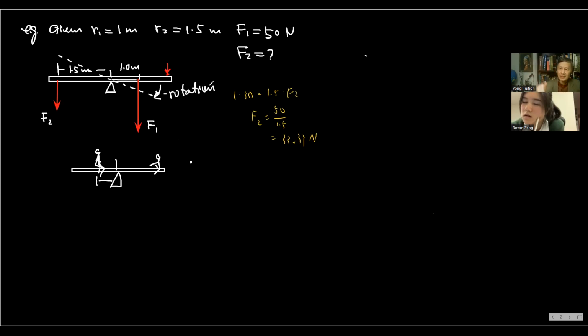Can you imagine that the seesaw rotates about this axis? You can imagine there is an axis at this point.